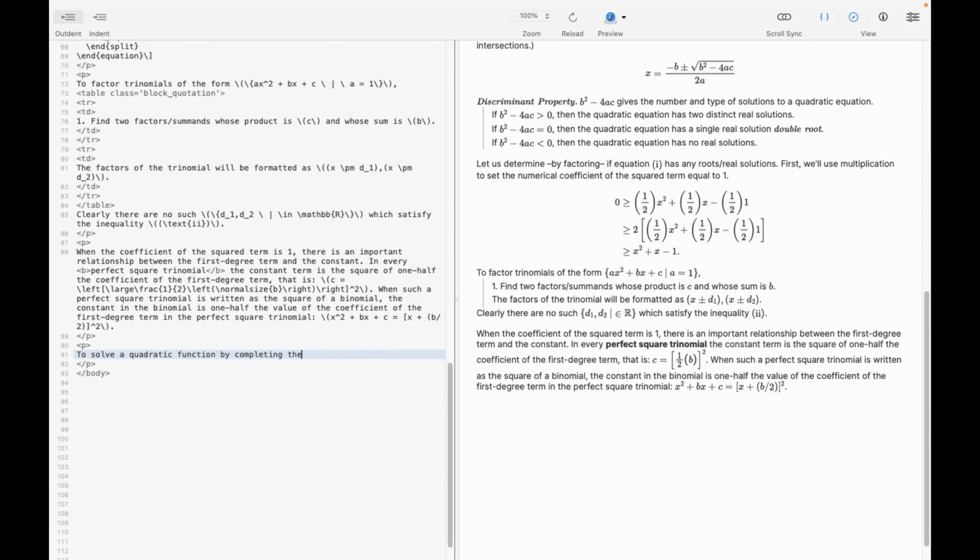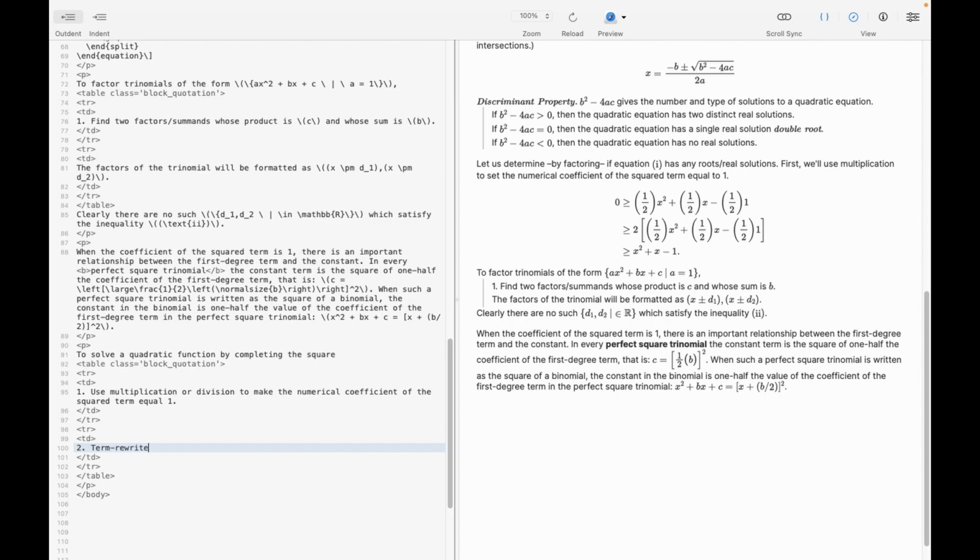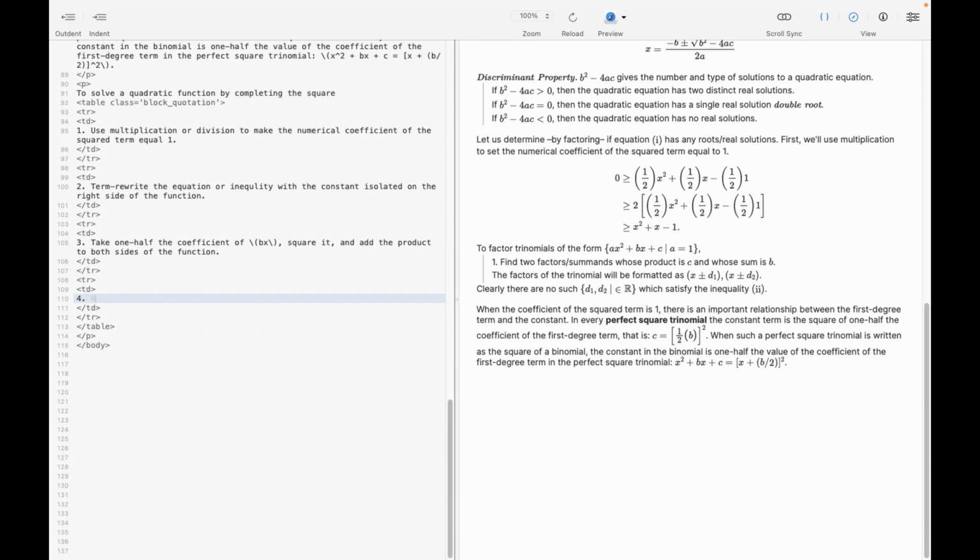Right. So to solve a quadratic function by completing the square, first, we use multiplication or division to make the numerical coefficient of the squared term equal 1. Then, we'll rewrite the equation, or inequality, with the constant isolated on the right side of the function.